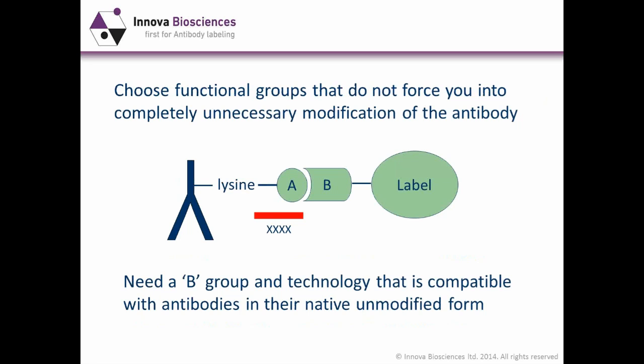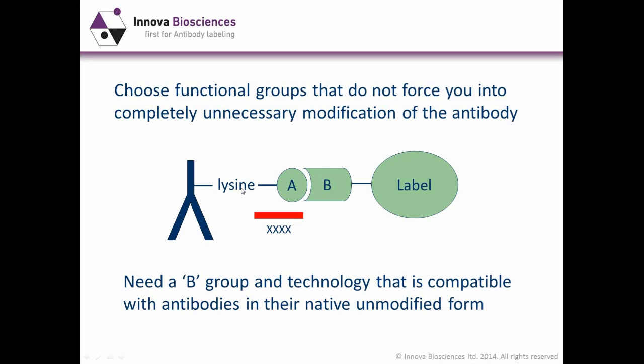Now, I've already shown you some great chemistries, very popular chemistries where you don't need to modify your antibody. Let's just look at this in more detail again. Okay, you may have a label with a B functional group. Your choice of B may force you to attach an A to a lysine on the antibody before you can even make the conjugate. Well, this is just pointless.